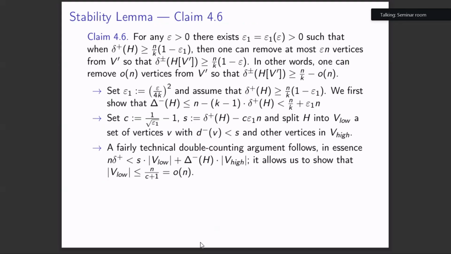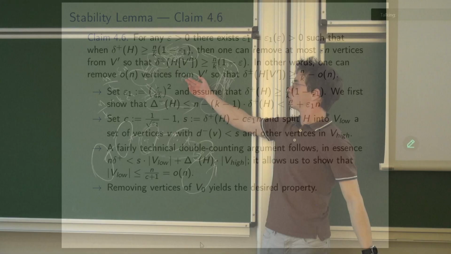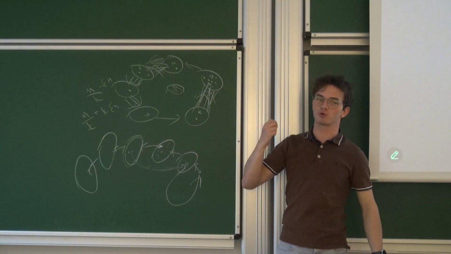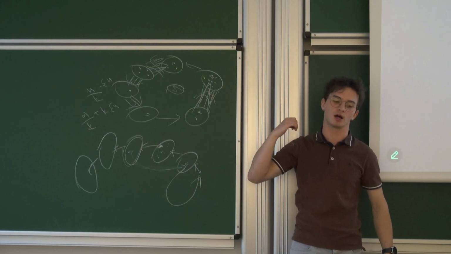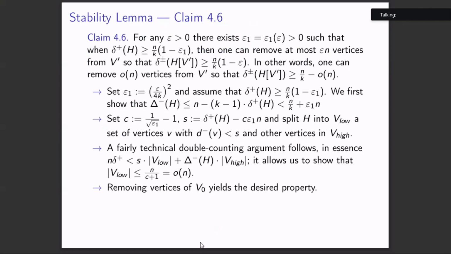Yes, as we just split the vertices into low and high, and bound the integrity in the high as the maximum integrity, and bound the vertices in the low as some threshold S. In essence, that means that we may remove lower order of magnitude vertices in the blow-up, which does not change a thing for us, and now require the blow-up of CK to have a large semi-degree instead of only indegree. Cool. So that's it. That's the stability lemma.